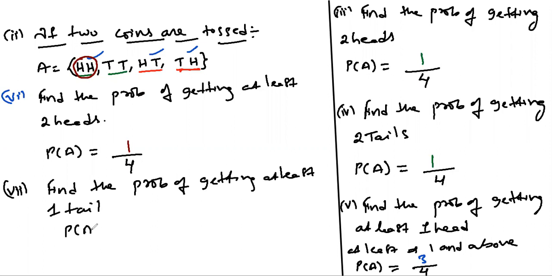P of A is equal to, total is 4. At least one tail means tail should be compulsory. One tail is compulsory. So 1, 2, and here also another tail is there. So this is 1, this is 1, and this is 1. Total how many are there? 3 are there. 3 out of 4.